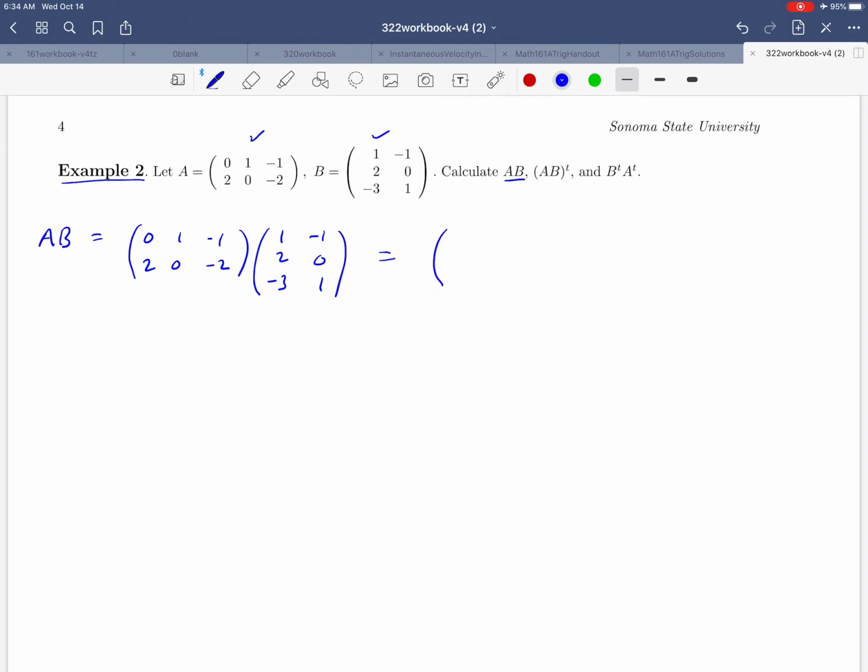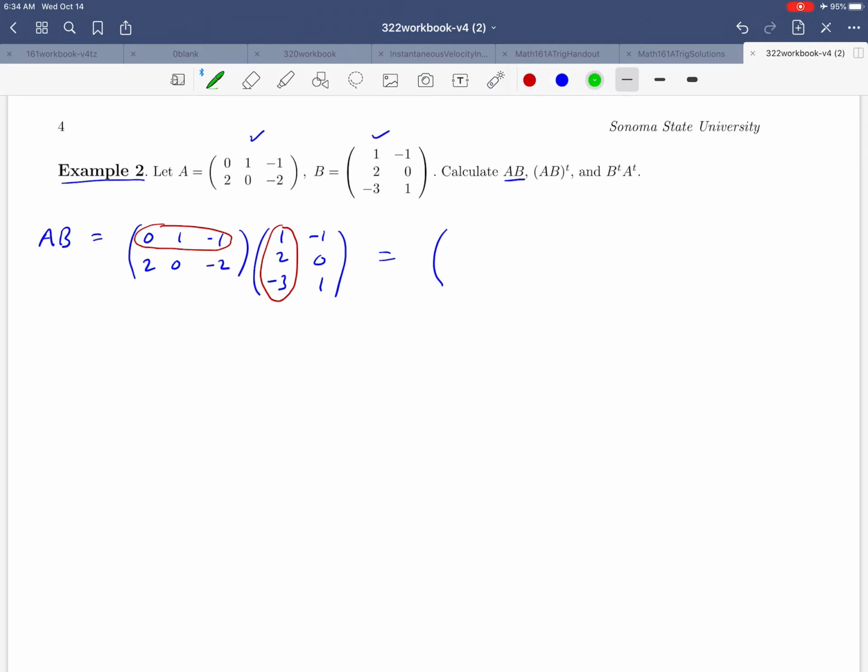So we would start by taking the first row of A and the first column of B, and what we're going to do is take the dot product of that row times that column.